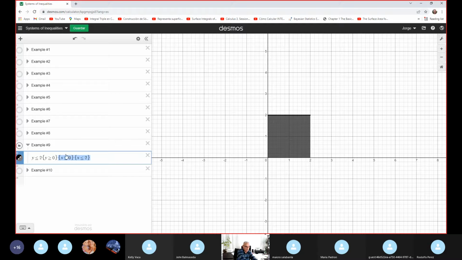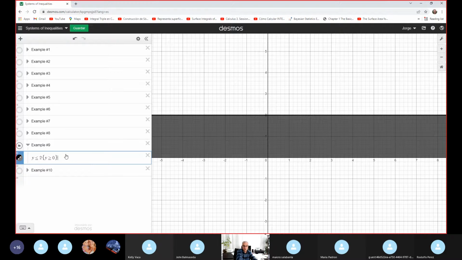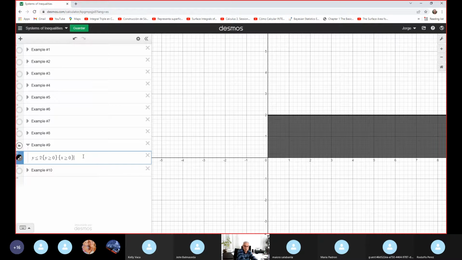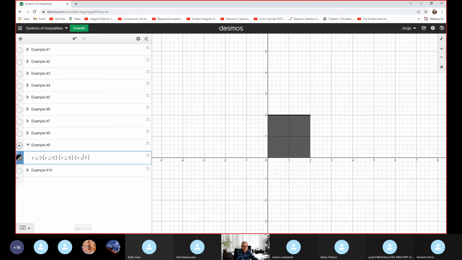This is the strip in between 0 and 2 in y. Select this. It's only for x positive. Now I'm bounded by 2, 0 and 2. It's a square. This system contains 4 inequalities. The solution is a square.